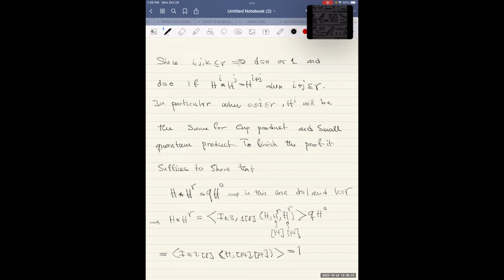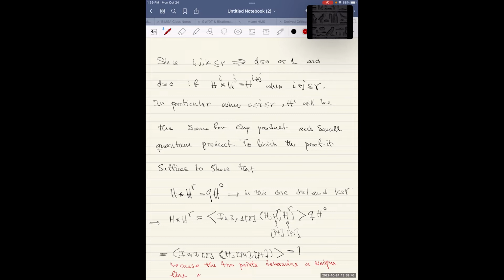This number is equal to 1 because the 2 points determine a unique line, right?